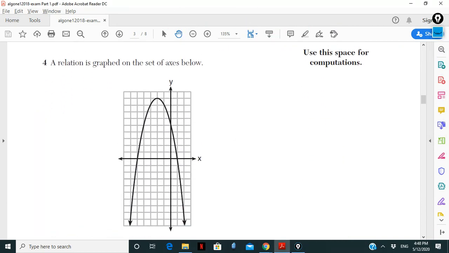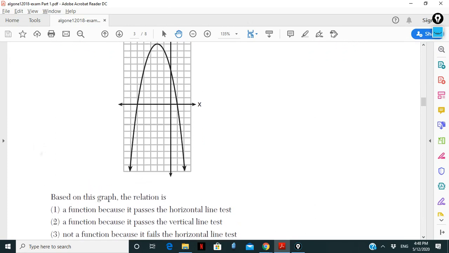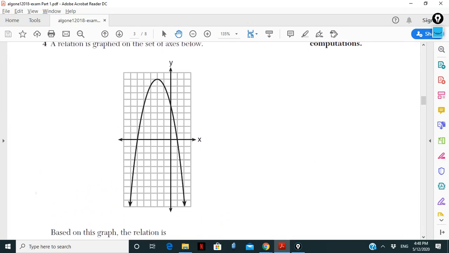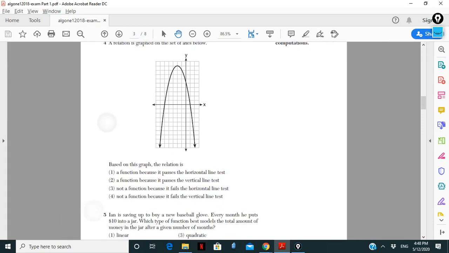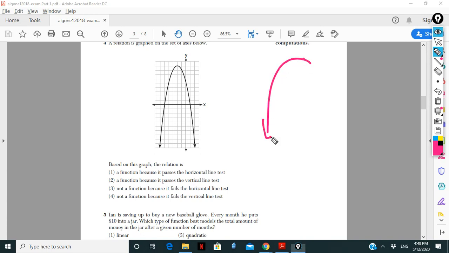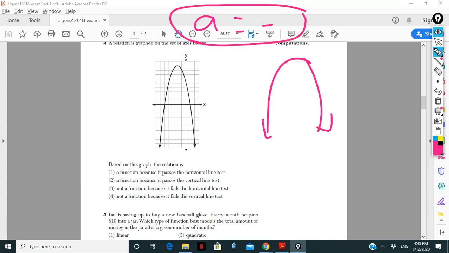Question number 4. A relation is graphed on the axis below. That's the axis, and that's a parabola, or quadratic equation, and it's inverted, it's flipped. So a should be a negative value. Now, based on the graph, he said the relation is a function.